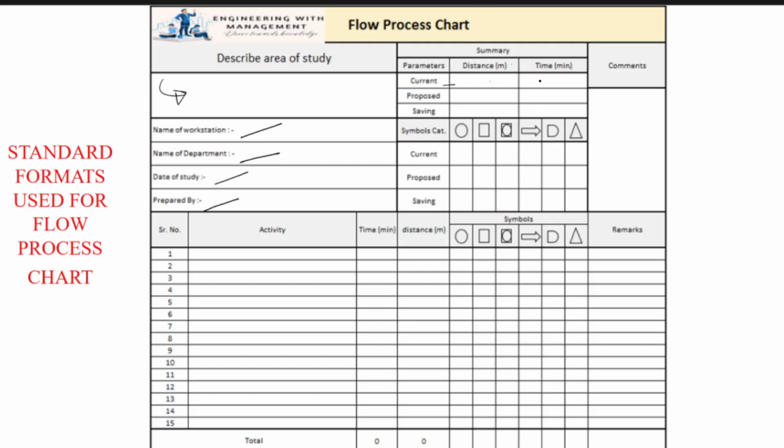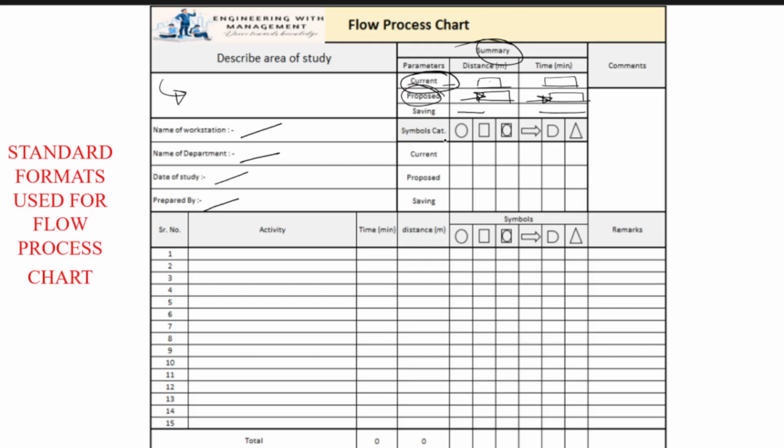So current is the work which is being done currently, the distance traveled and time elapsed. Then proposed. All these things we are doing to propose something which will reduce the distance and which will reduce the time. So whatever the distance and time in case of the proposed are mentioned over here, in the summary, and here I need to write down the saving.